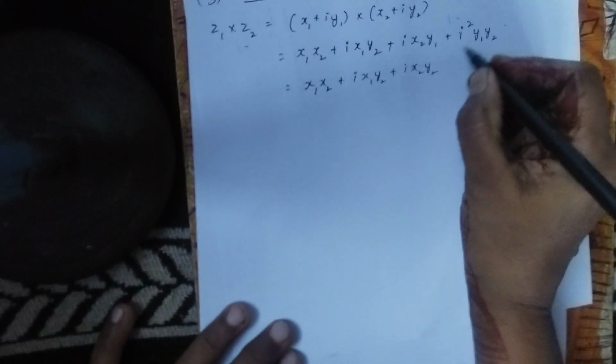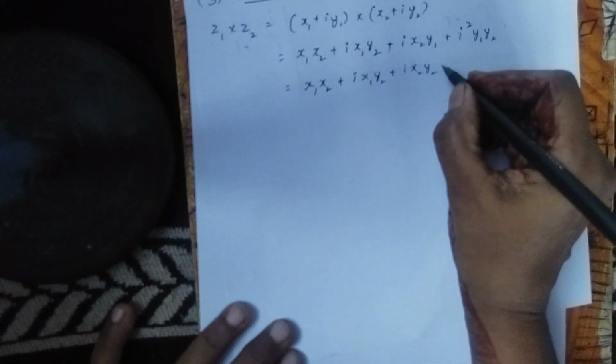Here i² means minus 1. So in place of i² we will put -1. So plus into minus, the sign becomes minus here, so -y1y2.